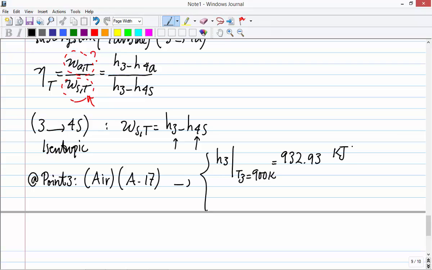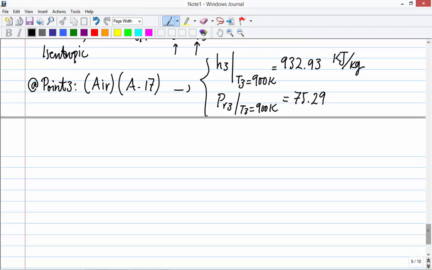What's the unit? Energy per mass. Everything is per mass because I'm using the tables. Since I would need PR3 at the same temperature, I'm going to save time and write it now.